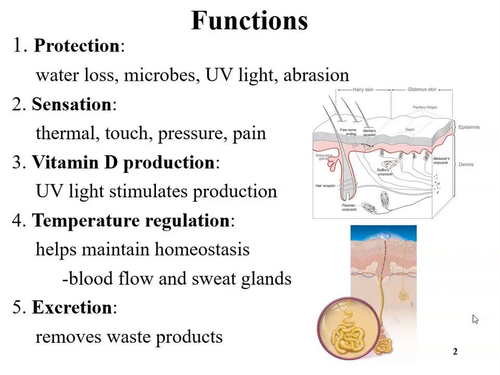So that's dehydration or water loss, keeping water in, as well as keeping microbes, viruses, toxins out, protecting against UV light, excessive heat or cold, and abrasion. So keeping everything that needs to be inside, keeping all the harmful things outside.